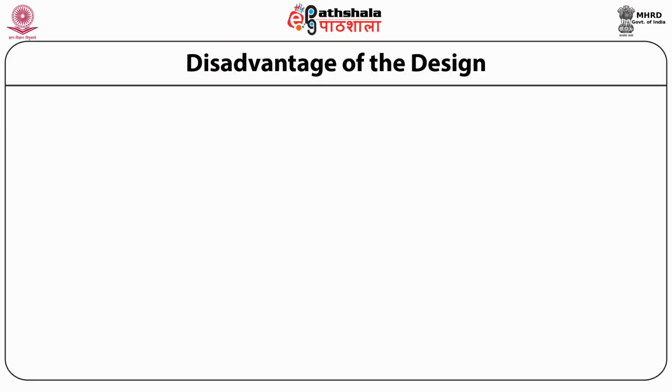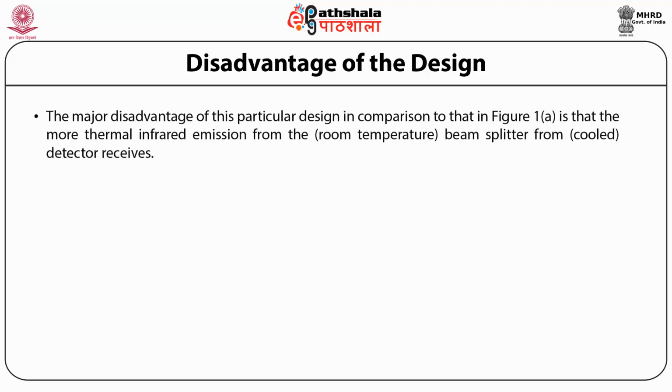The disadvantages associated with the design. The major disadvantage of this particular design in comparison to that of figure 1a is that more thermal infrared emission from the room temperature beam splitter is received by the cooled detector.